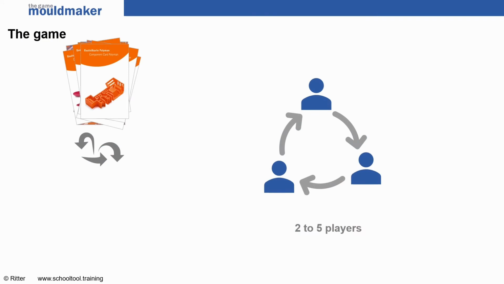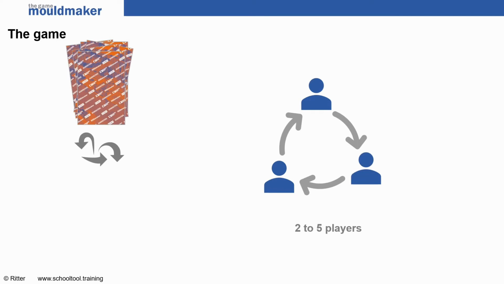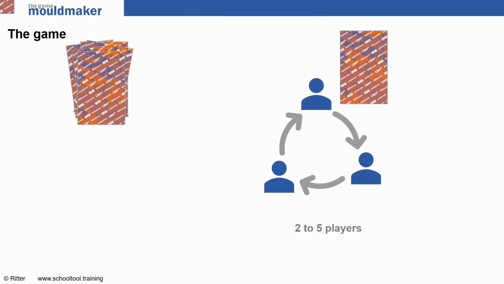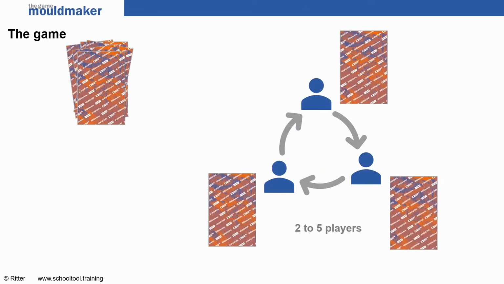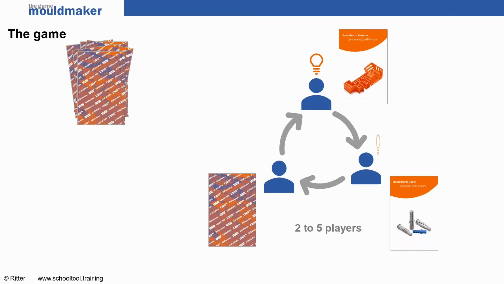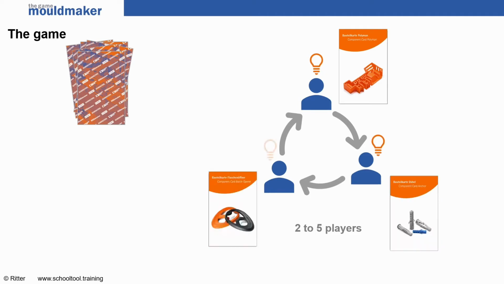So how is the game played? We start with the component cards, which need to be shuffled, and then the players get the cards face down, of course. Each player gets one card, looks at it so that the others can't see it, and analyzes it.